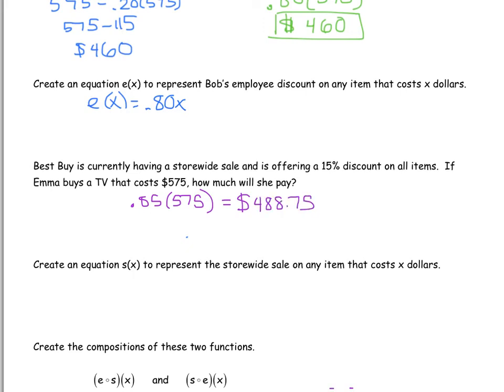So Emma's going to end up paying a little bit more than Bob for the TV so far. Now when it says create an equation S of x to represent the store-wide sale on any item that costs x dollars, we can say S of x is 0.85x because you're paying 85% of the original price.